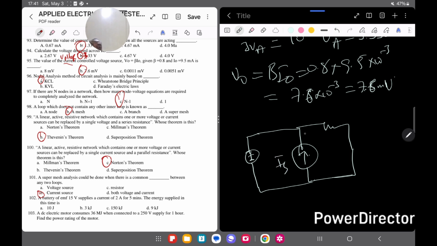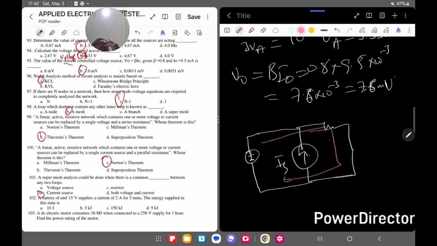You can see within this loop there's a common element. Within loop 1 and loop 2, we have a common current source. As a result, we refer to this as a supermesh. I mean, you can just take this as one mesh. So that is B.